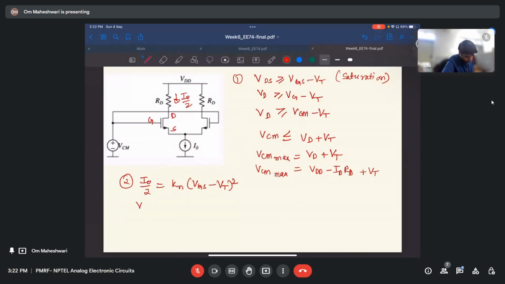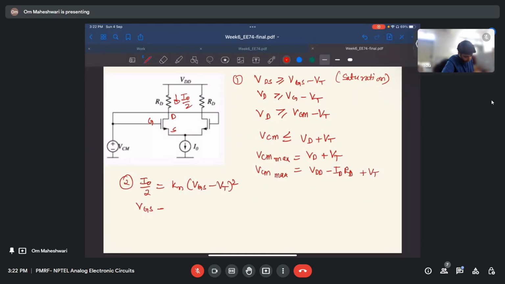So Vgs minus Vt equals under root of I naught by 2 Kn1. Let's assume this voltage is Vx. So we have a transistor here, and Vx is nothing but the overdrive voltage of this transistor, let's say transistor 3, so it is VO3.